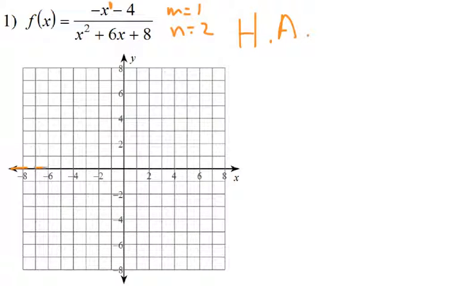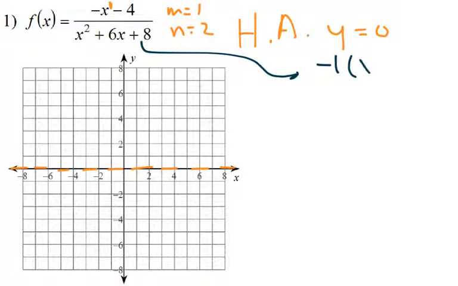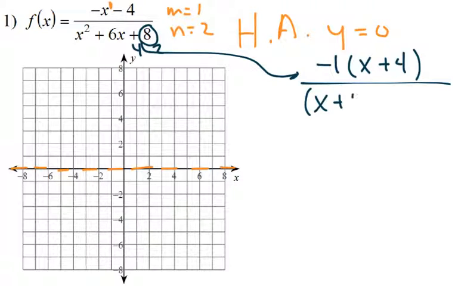So we draw our horizontal asymptote at the line y equals 0. Okay, now we've got to factor. The top we can factor out a -1, and we'd be left with x plus 4. The bottom, factors of 8 that would add up to 6: positive 4, positive 2 would give us positive 6. So x plus 4 times x plus 2.